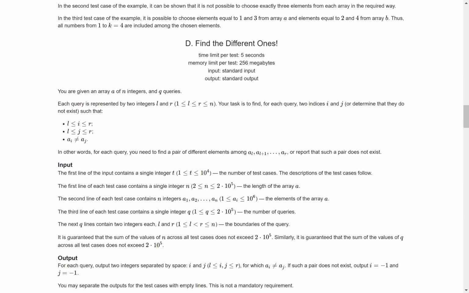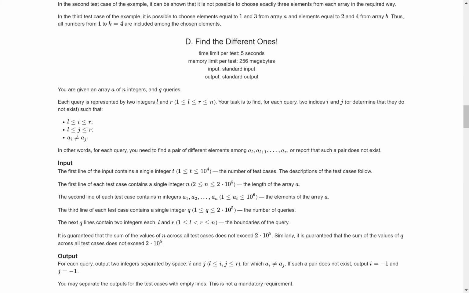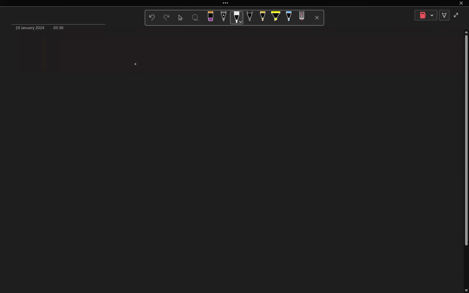I hope the problem is clear with the problem statement itself. It is quite straightforward that we have been given an array, and we will be given some queries. For each and every query, we will be given some starting index and some ending index.